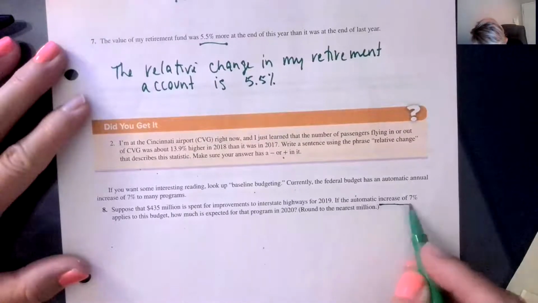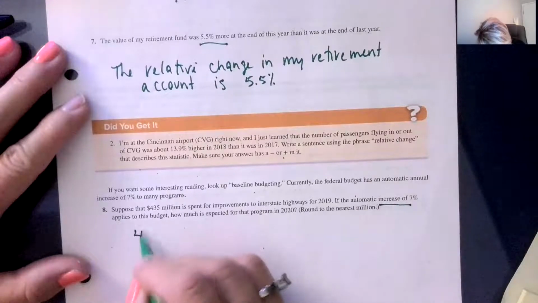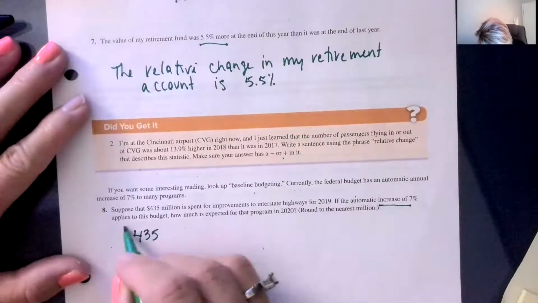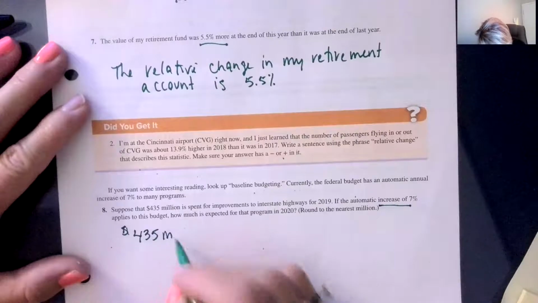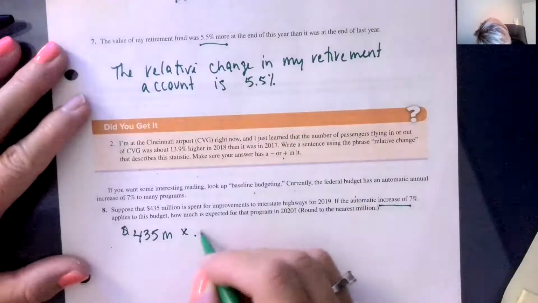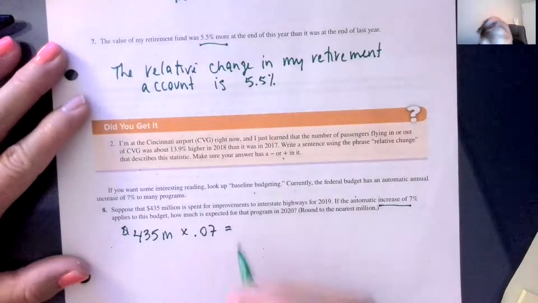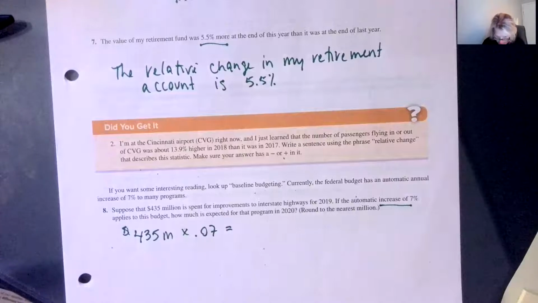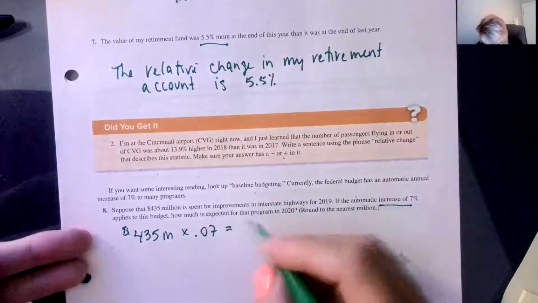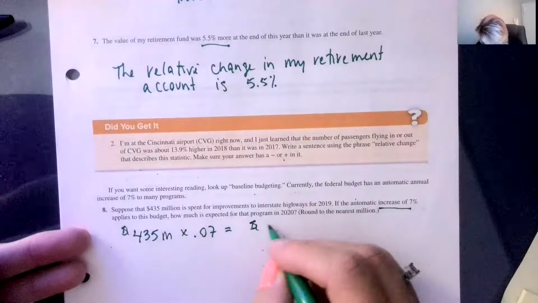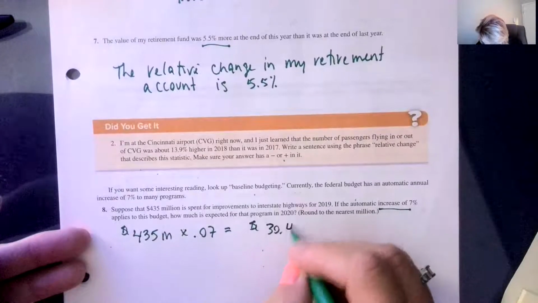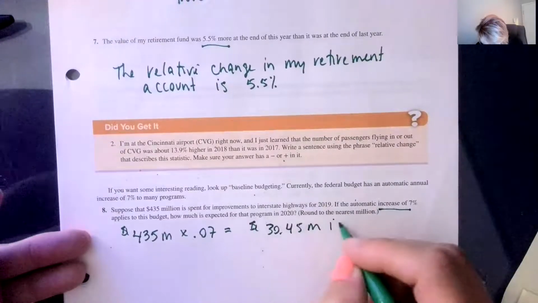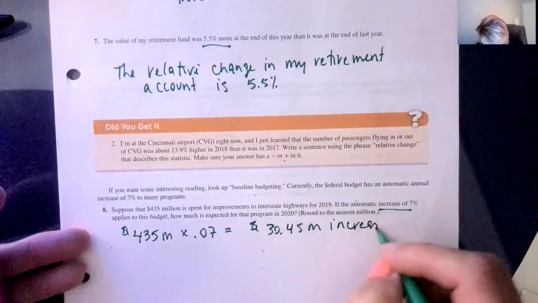So it's an increase. So that means 435 million times 0.07. So 435 times 0.07 means that there should be an increase of 30.45 million. And we have to write that as an increase.